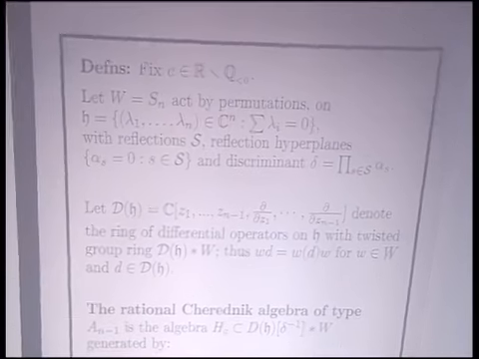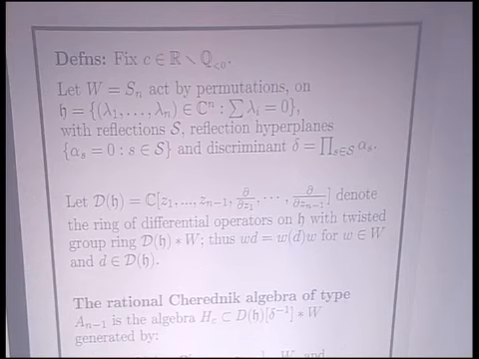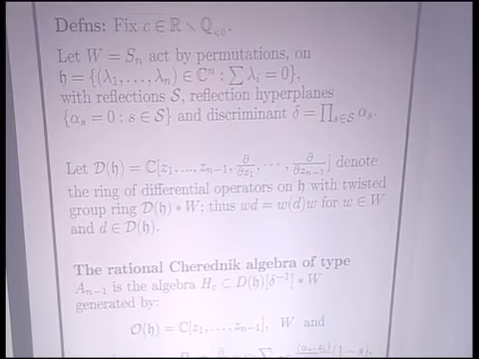So we've got a parameter. It could be any complex number, in fact. For technical reasons, I don't want a negative rational number. My group's going to be the Weyl group, Sn, just acting by permutations on its natural n-1 dimensional representation sitting inside Cn. So with that, I then got reflections, reflection hyperplanes, which I'm calling alpha S, S in S, and the technical thing is the discriminant, which is just the product of all these alpha S's.